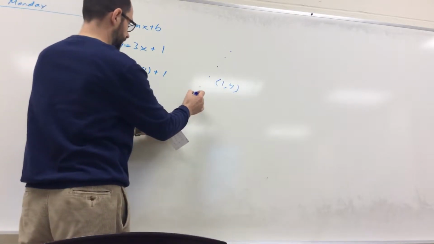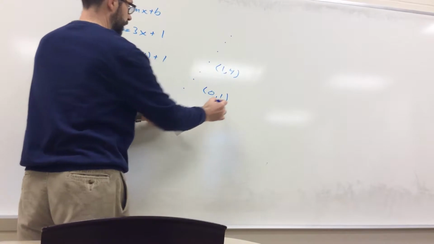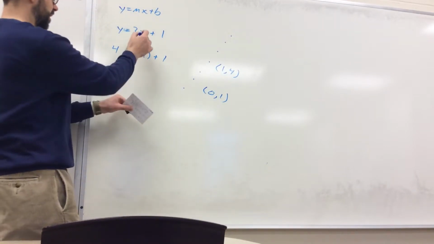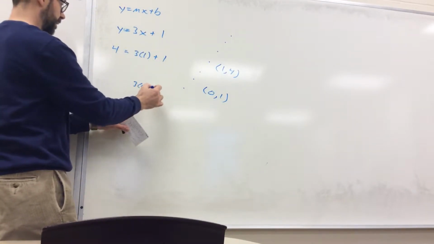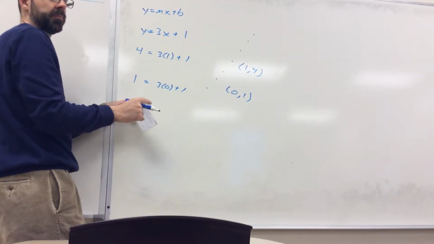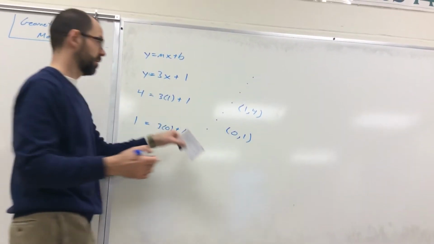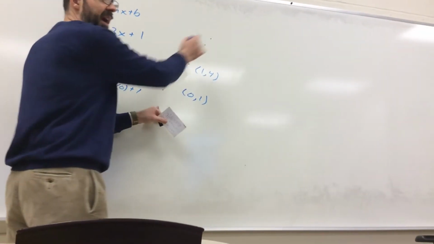Or maybe for this dot, it's 0, 1. So if you stick a 0 in and a 1 in, it works. Okay, so the idea behind equation is this equation works for all those dots on the line.